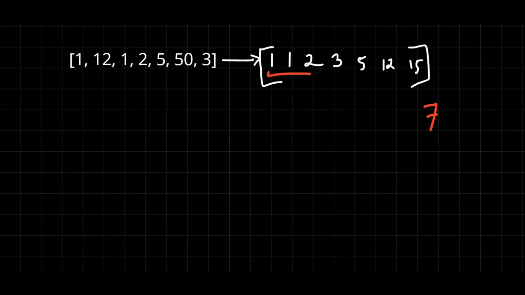Now let us try to find how we can make some other polygon. Here, if we take these four sides and this side 5 to make the polygon, let's see what happens. The summation of these four sides will be 7 and the largest side is 5, right? So we can see that the summation of all other sides is greater than the largest side, which is 5.